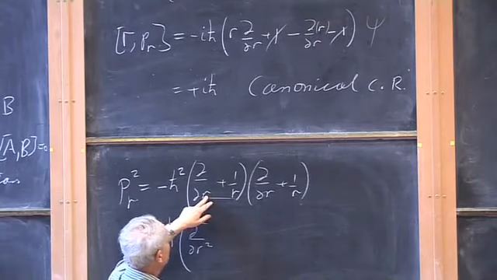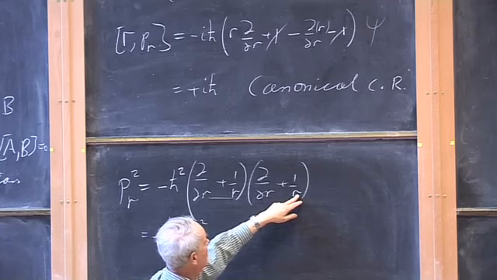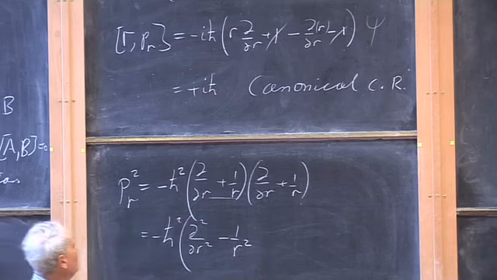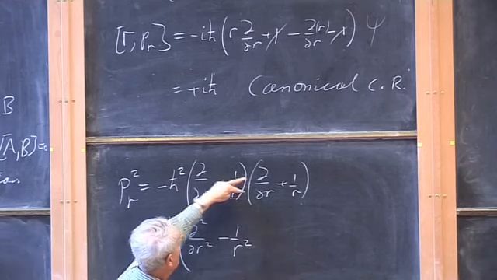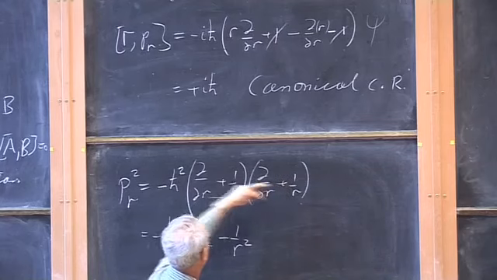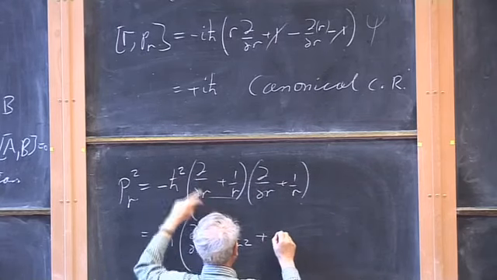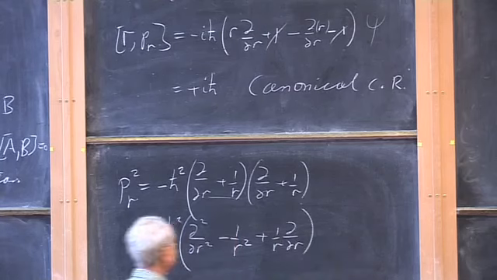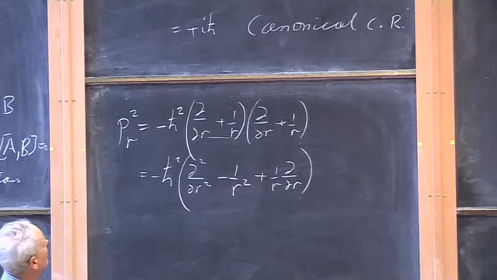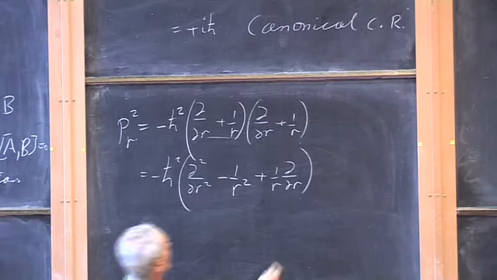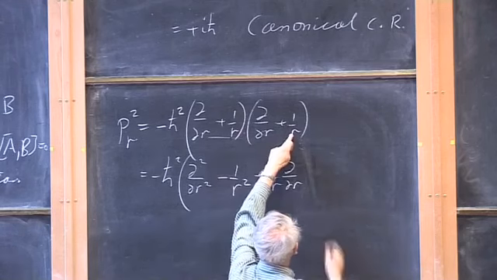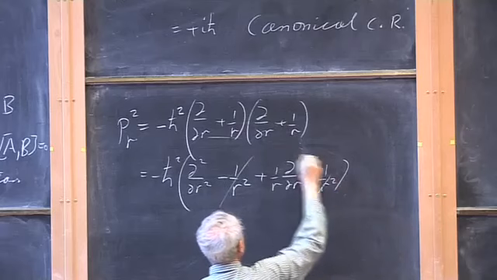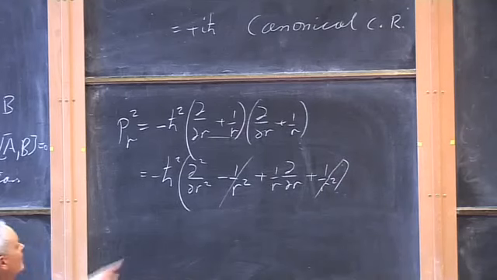We will get this differential operator, will differentiate that and produce a minus 1 over r squared. We will otherwise get a 1 over r d by dr and also a 1 over r d by dr. So we'll get 2 of 1 over r d by dr. And I haven't finished. I also get this thing on this thing is a plus 1 over r squared. So these two terms cancel. And we're left staring at this.